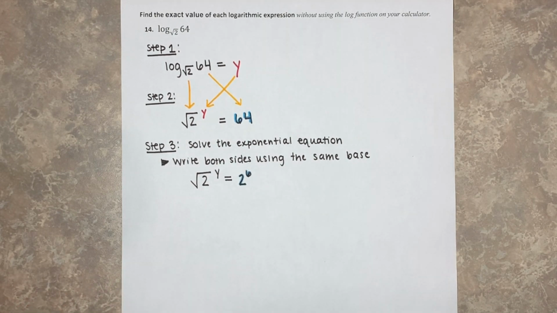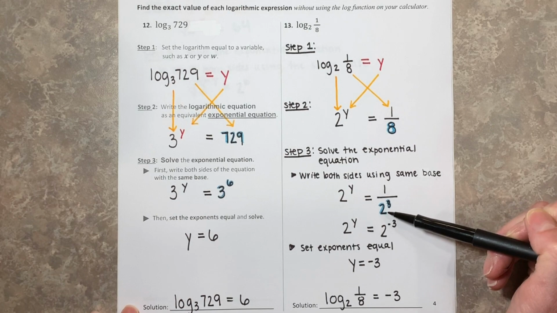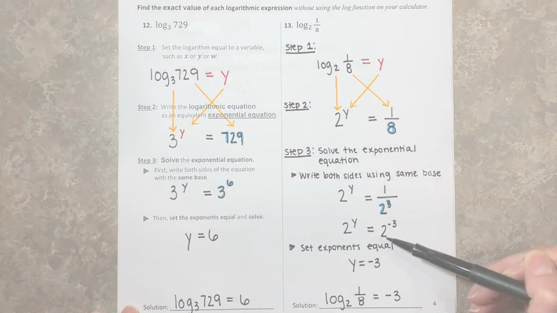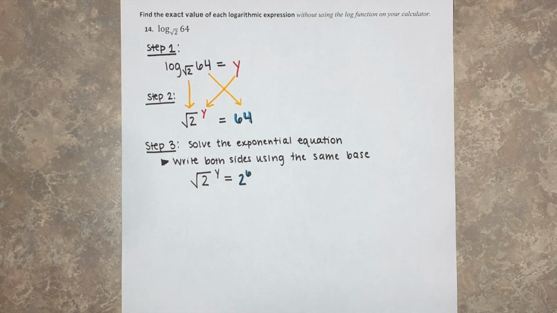Now let's look back at the previous problem. When you're solving an exponential equation, the goal is to get both sides to have the same base, and you don't want any fractions, so we had to rewrite this without a fraction, and we also don't want any radicals, so we need to rewrite this without the square root. How do we do that?